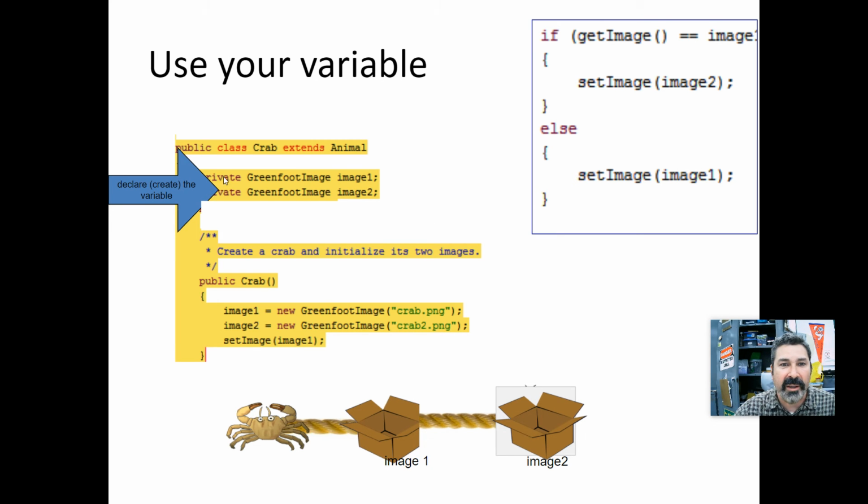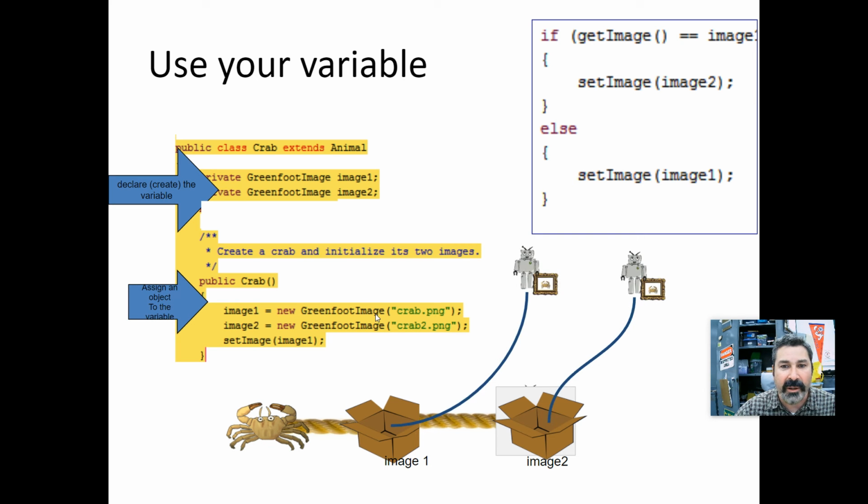They can only be used by the crab, and the only thing that can go into the box is a Greenfoot image object. And then we initialize those variables. Image 1 equals new Greenfoot image. So this one is holding crab.png and this one is holding crab2.png. So we have these Greenfoot image robots that are invisible to us, but when we ask them to, they will do stuff with this picture.